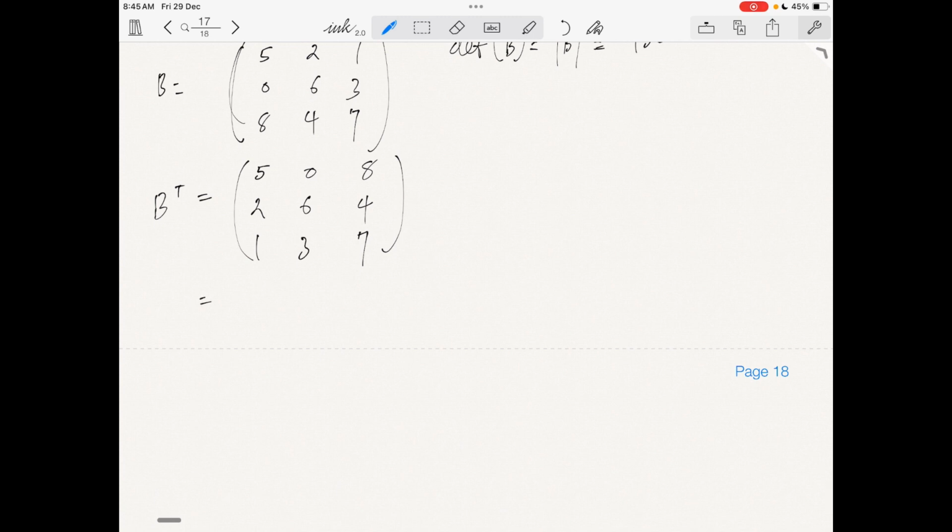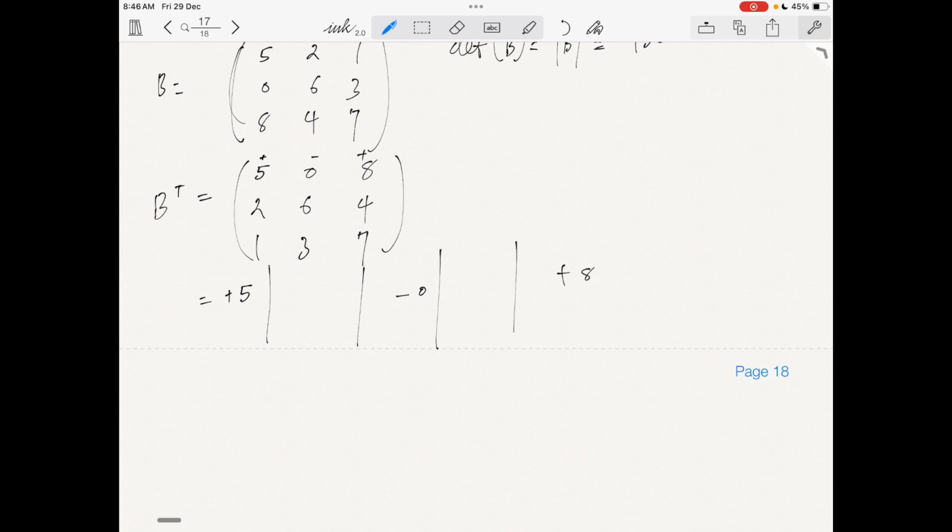Now we perform this as we have been doing for a 3 by 3 matrix determinant. So we have 5. Remember it is plus, minus, plus, right? So we have plus 5, minus 0, and plus 8.